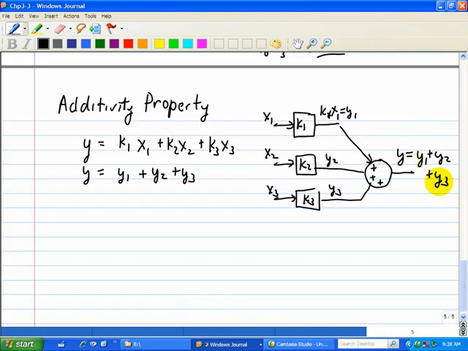Now let's look at a circuit which we're given here.